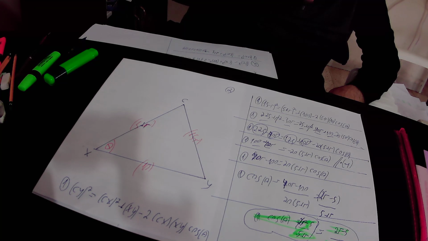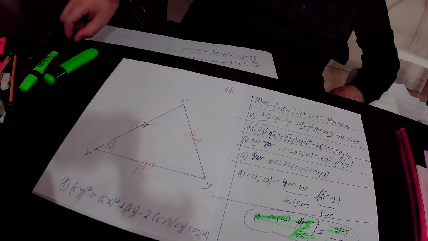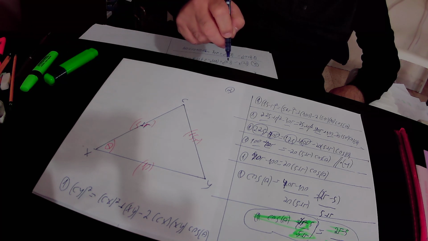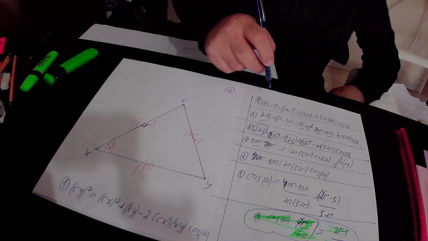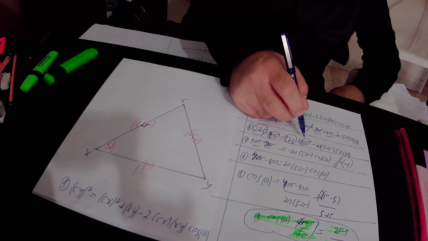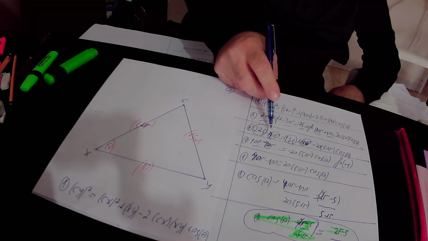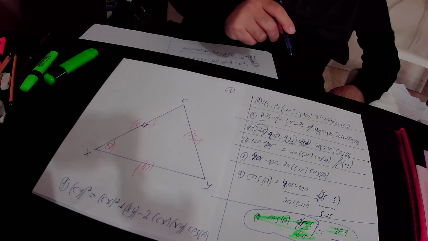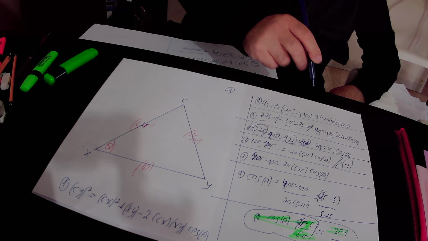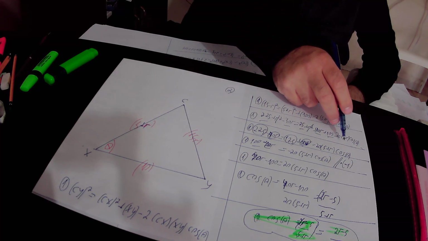So actually here 10r will get cancelled because we already subtracted 10r and we got minus 40r, and then minus 20 times (5 plus r) cosine theta.